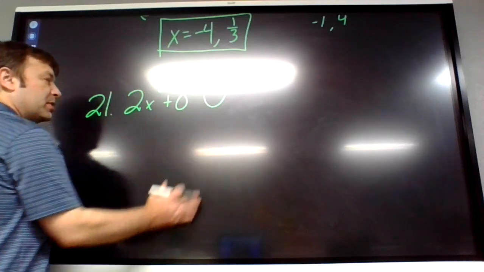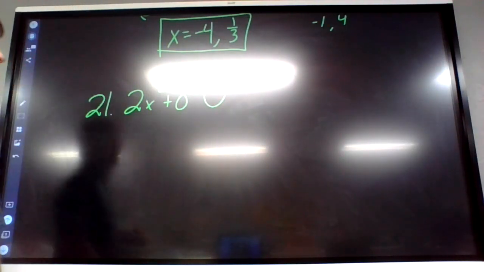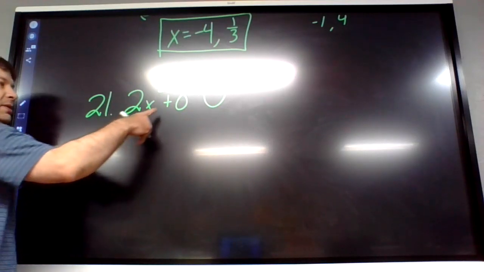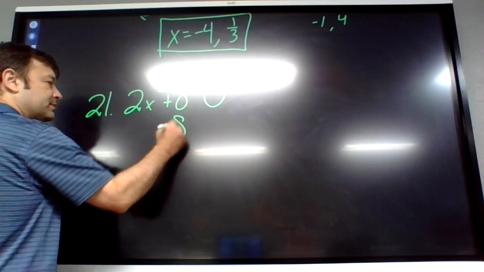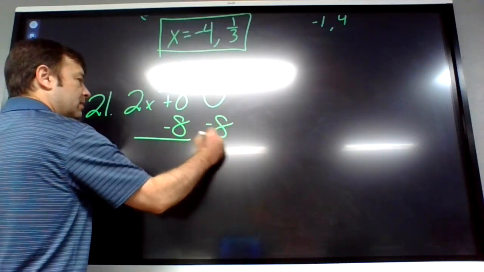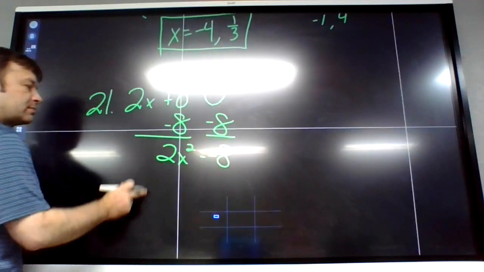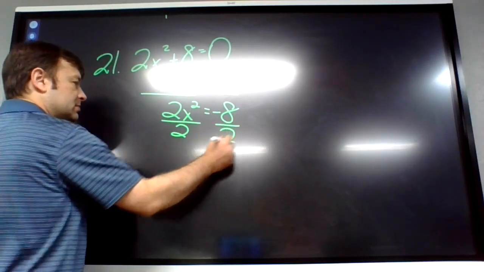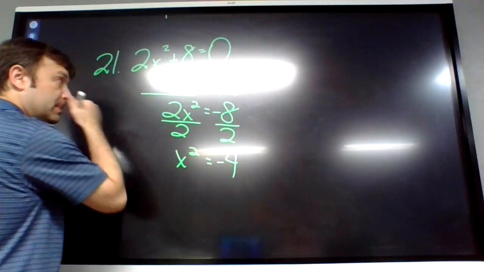The book calls this taking the roots, because you have to take a square root at the end. So how do I get x squared by itself? Minus 8, divide by 2. Oh, wait, it's 2x squared plus 8.